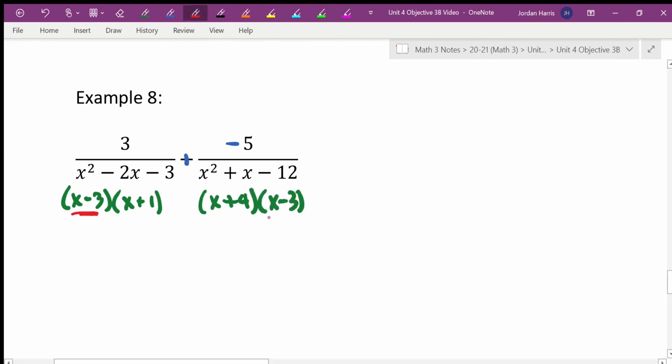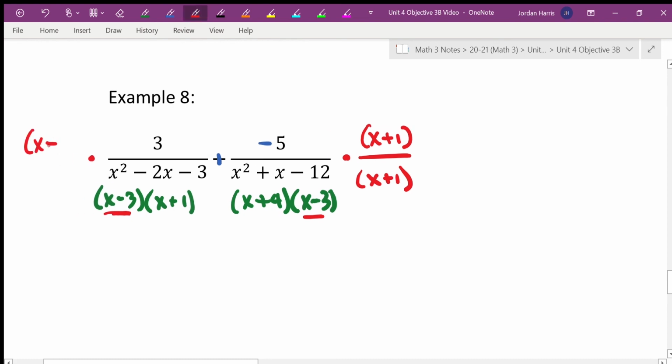Notice they have x minus 3 in common. I need to make them match. So on this one I need to add an x plus 1. On this one, I'm going to have to add an x plus 4, because those are the ones each one is missing.